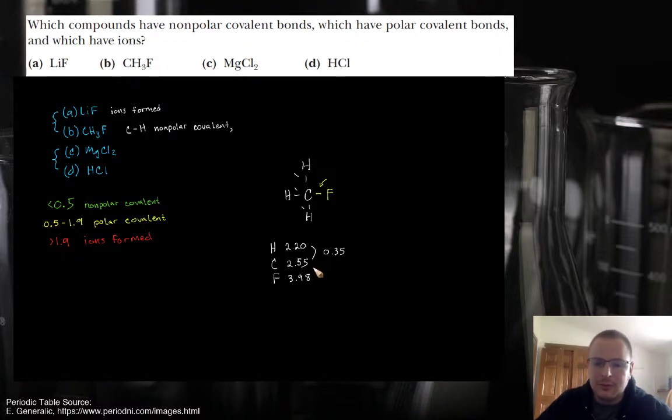And our carbon-fluorine bond, 3.98 minus 2.55, gives us 1.43, which is in the quite polar range of the polar covalent category. So the carbon-fluorine bond is polar covalent.